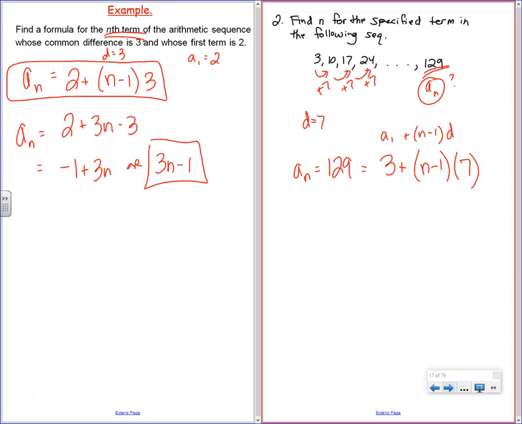Can I solve? And with some pretty quick algebra of distributing the 7 and combining 3 minus 7 is negative 4 and adding it to be 133, we could end up with n is equal to 19 pretty quickly. But it's using that formula that we saw.